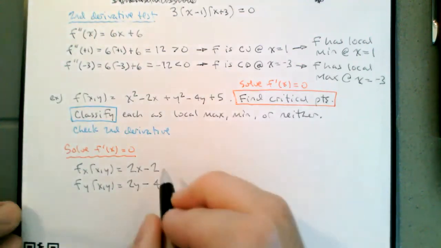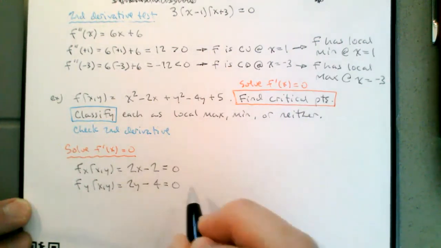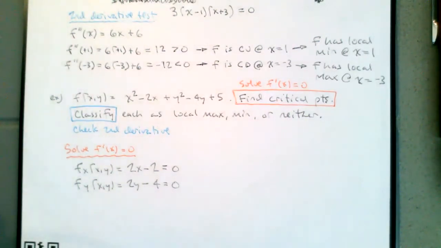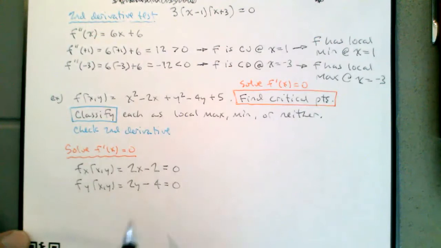So what we end up with is a system of two equations and possibly two unknowns. I took it easy on myself and gave myself essentially just a combination of two single variable functions. This is because I'm lazy. But what we're trying to do now is solve fx equals 0 and fy equals 0.